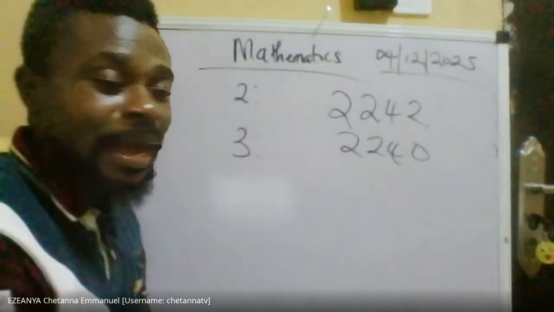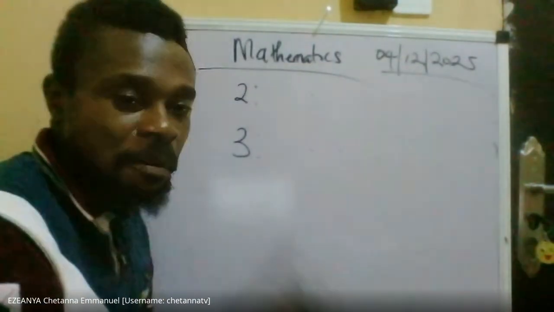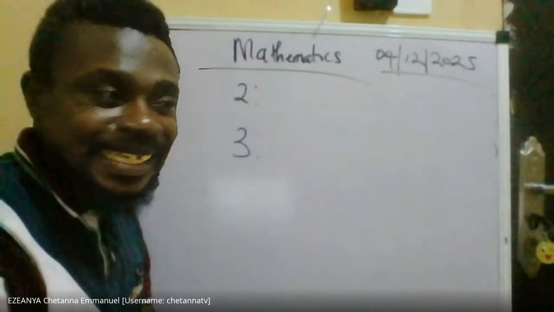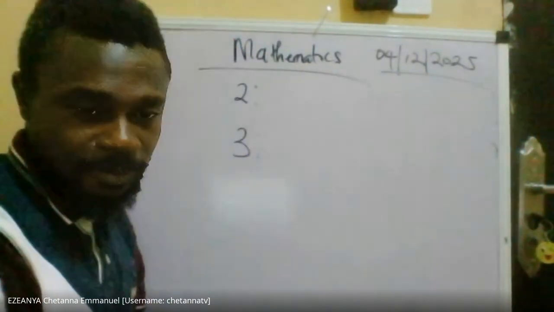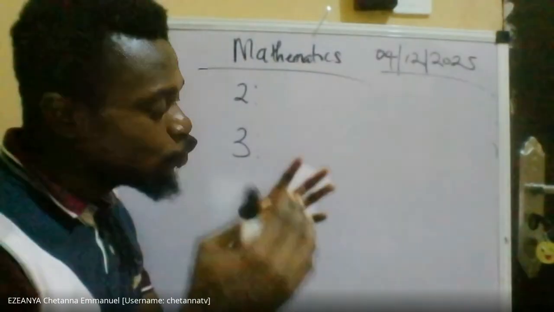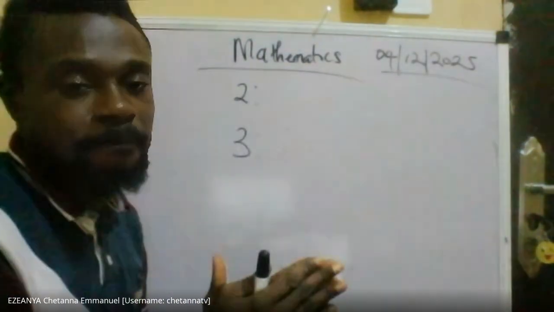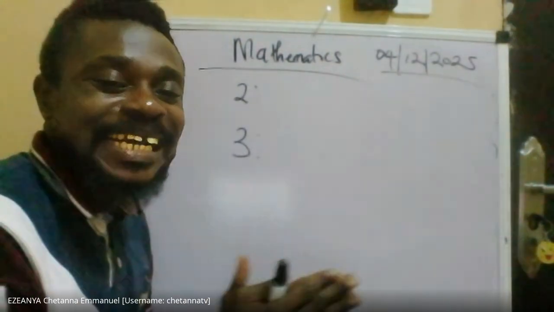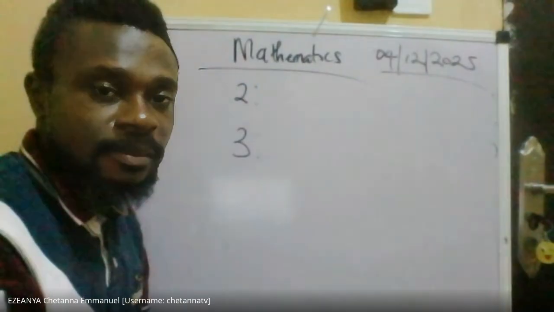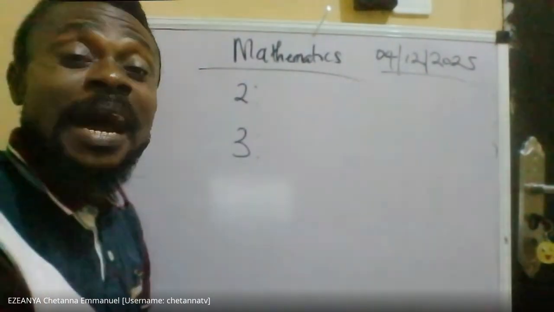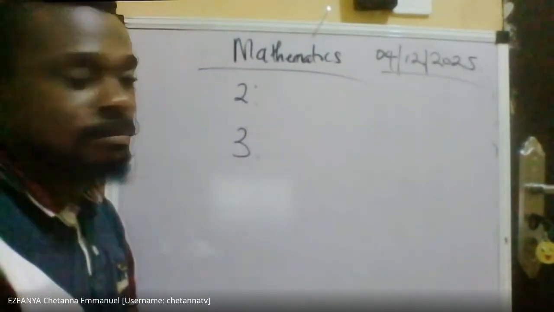Now, for a number to be divisible by 3, look at that number. Check all the digits of that number. If you add all the digits in that number, and the sum is divisible by 3, that number can be divided by what? 3.